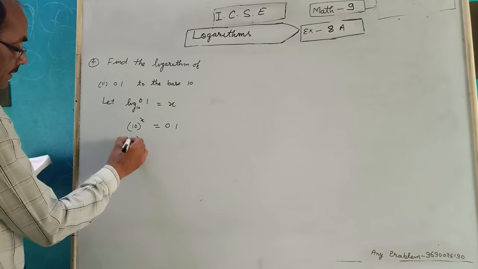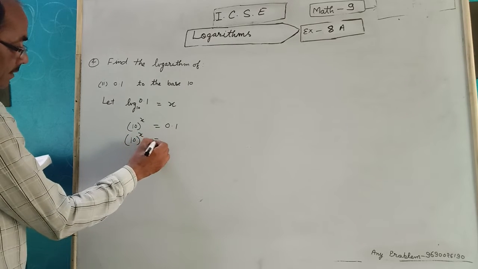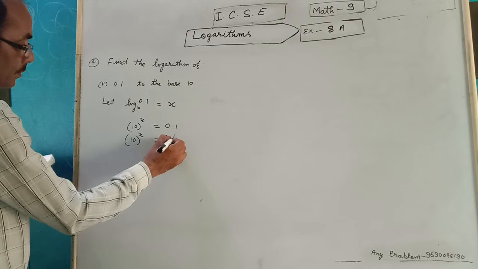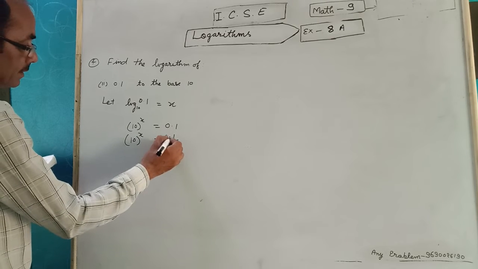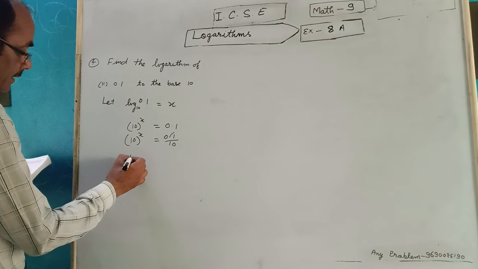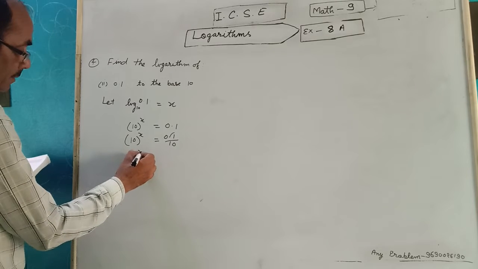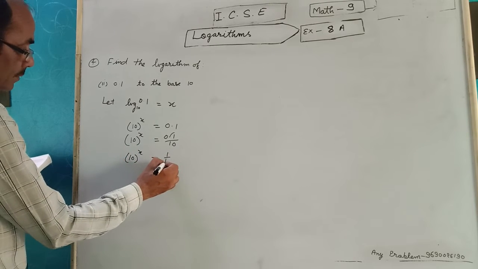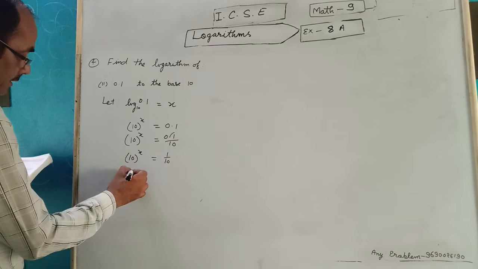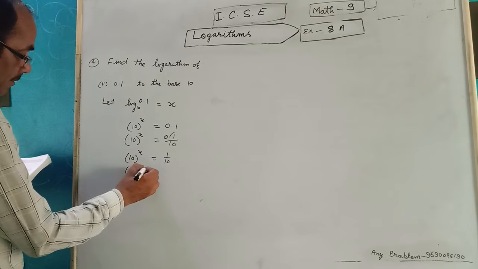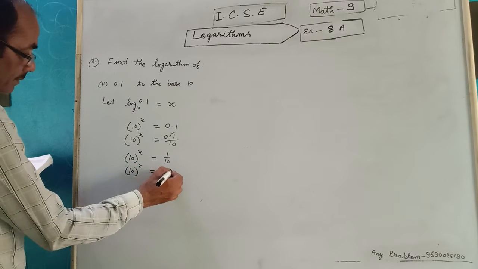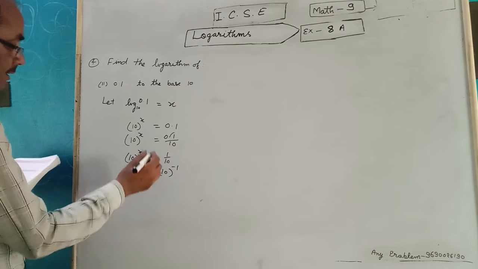Make the base equal. For base equal, remove the point. 10 as power x is equal to 1/10. 10 as power x is equal to 10 as power minus 1.